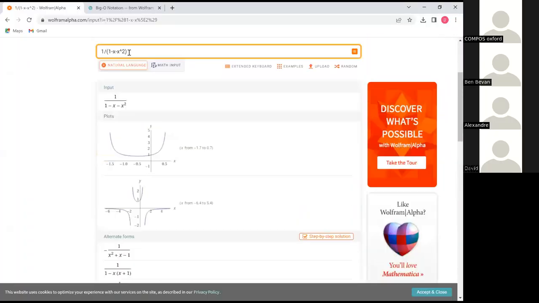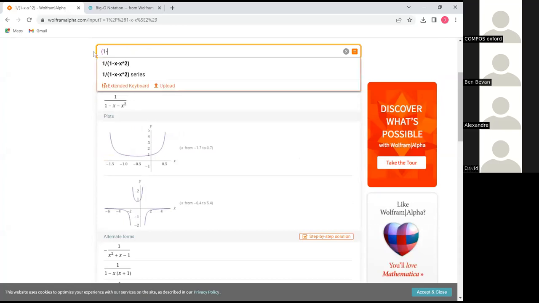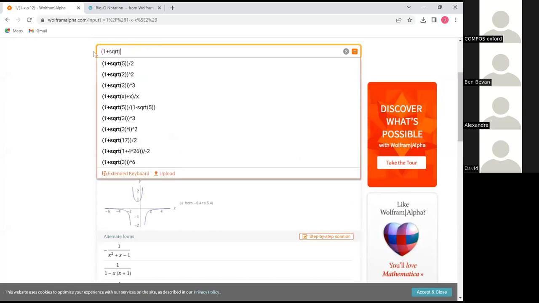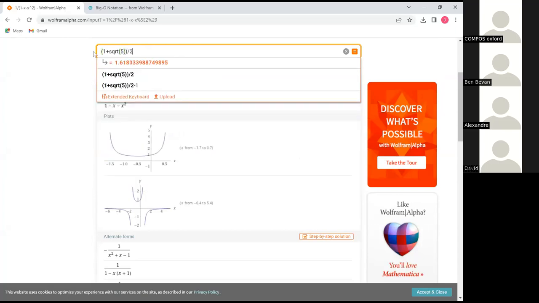So what I'm going to do is stop sharing briefly and share a Wolfram Alpha with you. Okay, so let's take the golden ratio, which is 1 plus square root 5 all over 2.